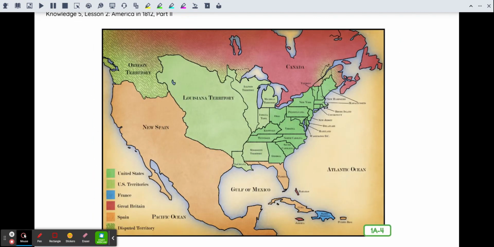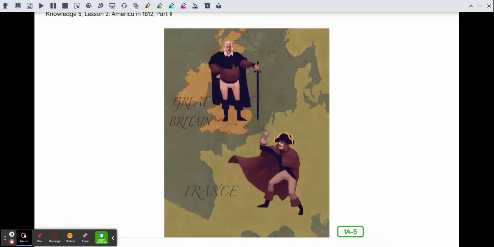Here we have a map of America in 1805. Do you remember what you learned in the last read aloud about this map, which shows the Louisiana Territory and how the 13 colonies were expanding west? Here we have England and France fighting.